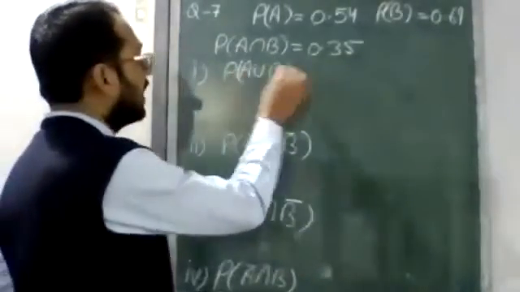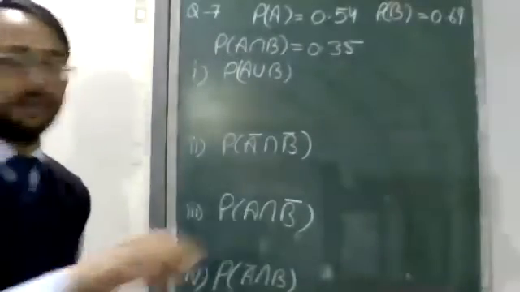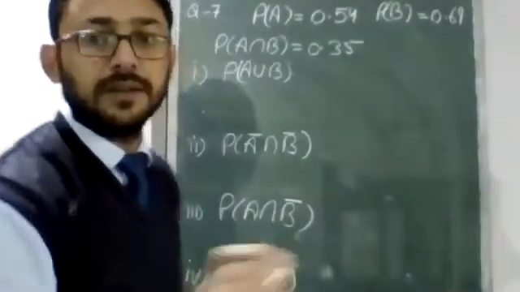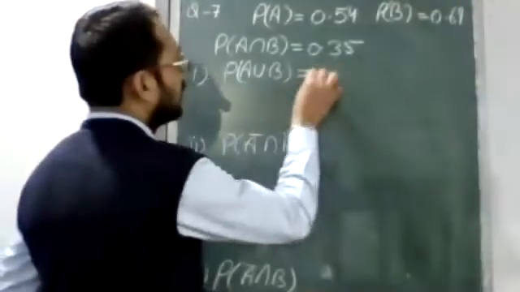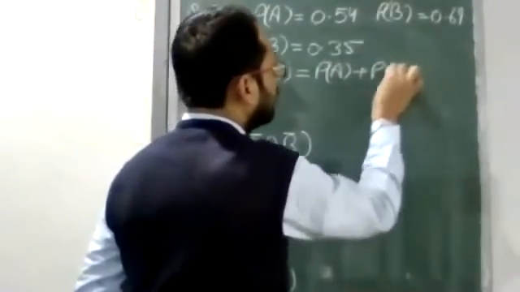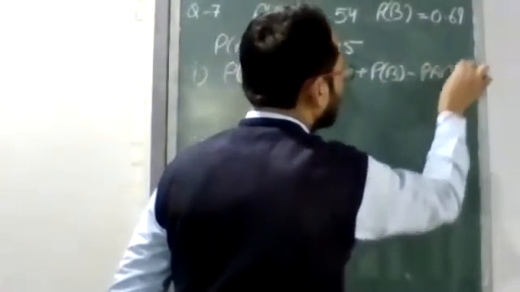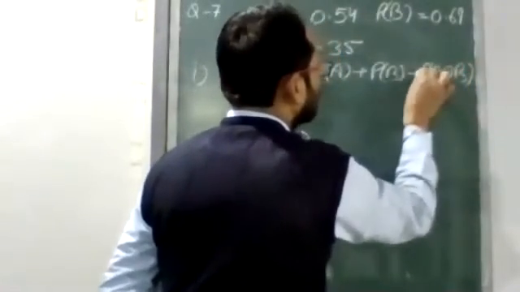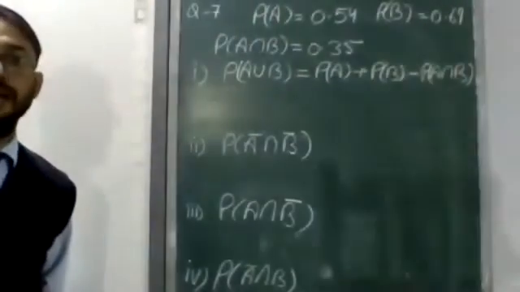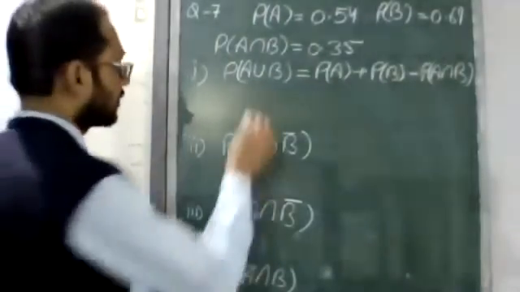We need to calculate the probability of A union B. We know the formula for this: probability of A union B is probability of A plus probability of B minus probability of A intersection B. This question is really very easy, it is only based on the formula. If we know the formula, we will be able to do this question.